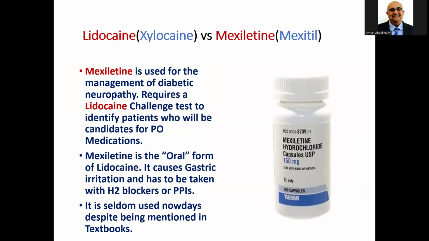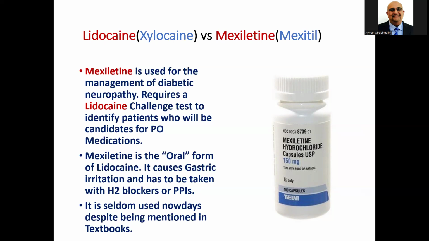Lidocaine versus mexiletine. So the oral form of lidocaine is mexiletine. I used to use mexiletine in the old days, maybe more than 25 years back, as an anti-epileptic drug for neuropathic pain.